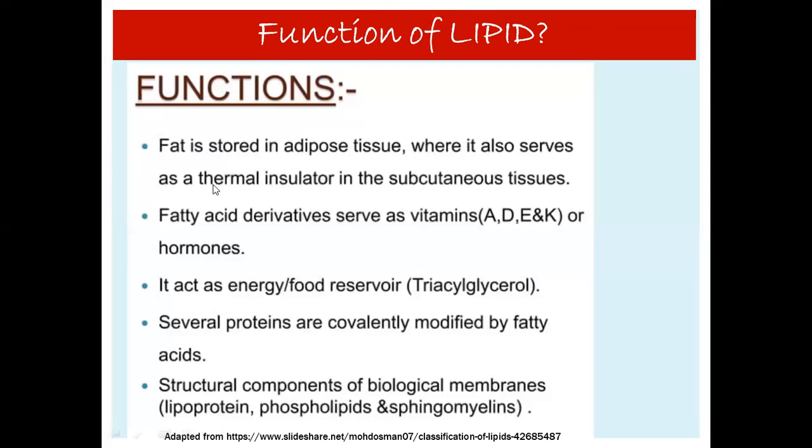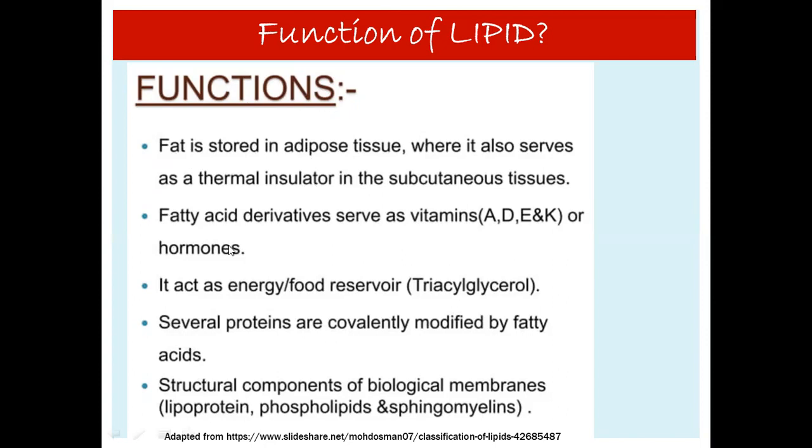Next, we will see the different functions and importance of lipids. In plants and animals, lipids are very important structural as well as storage components. Structural lipids are present in animals and plants in the form of meat and vegetables, respectively.